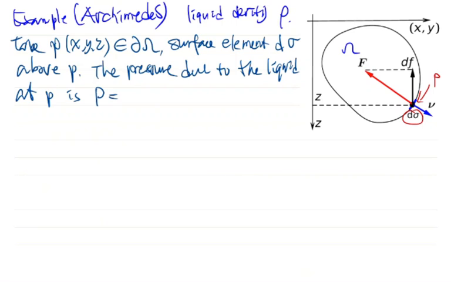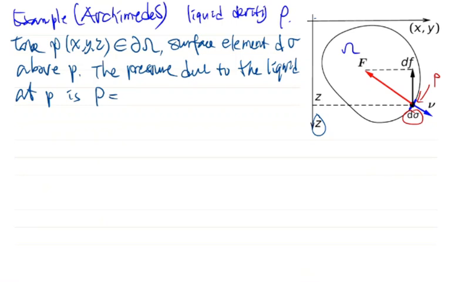By the pressure law, because our coordinate system is like this, the level surface of the liquid is the xy plane, and the vertically downward direction is the z axis.